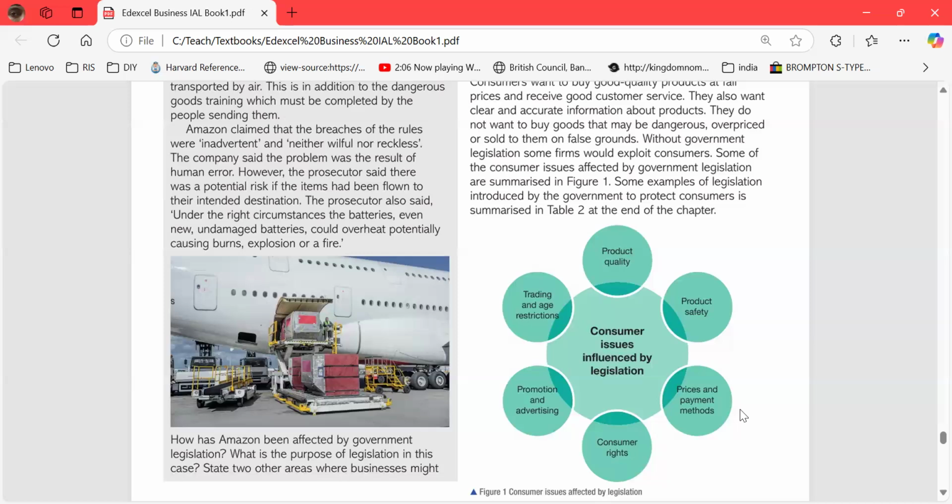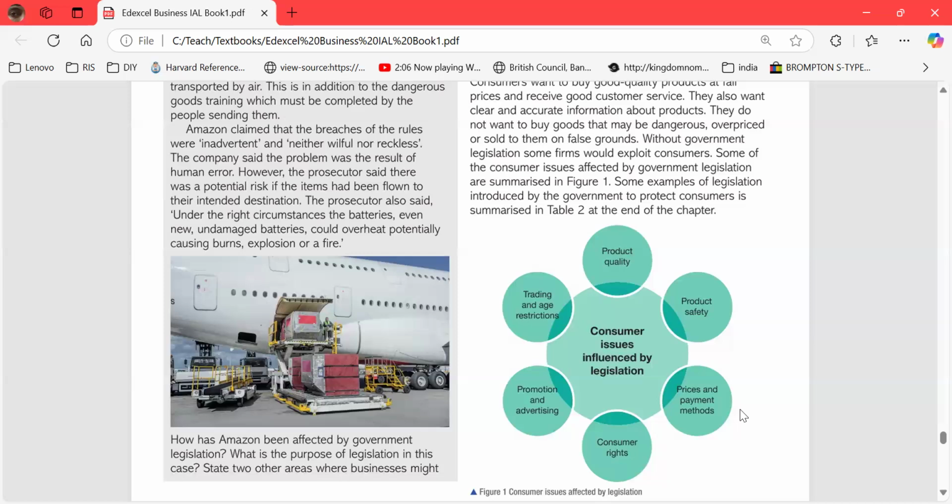If on the body of the bottle it's written 20 taka, but in some particular restaurant they are charging you 40 taka, this is not allowed, because the maximum retail price is already written as 20 taka. So it will be a crime. It will be against the legislation.